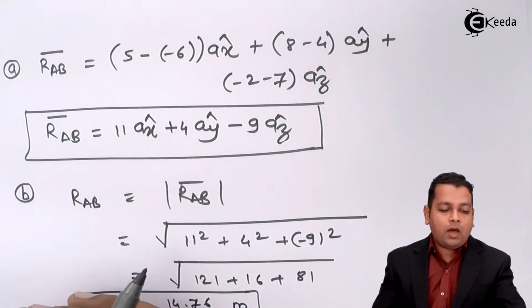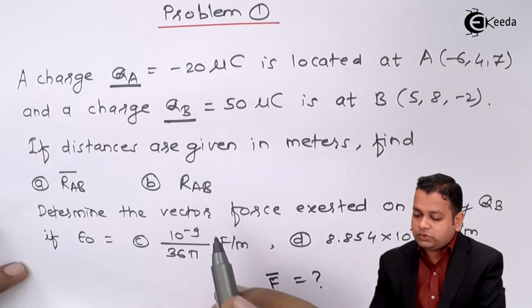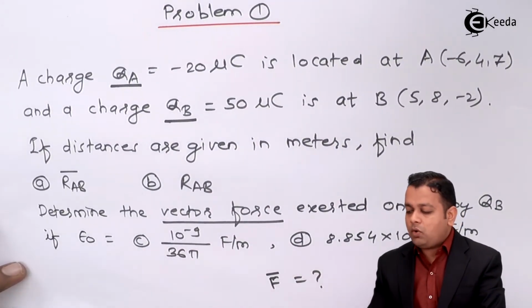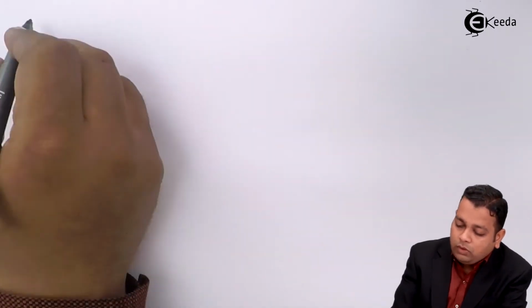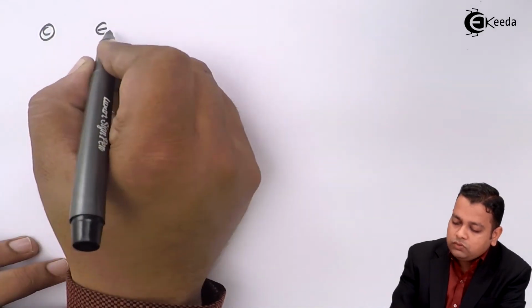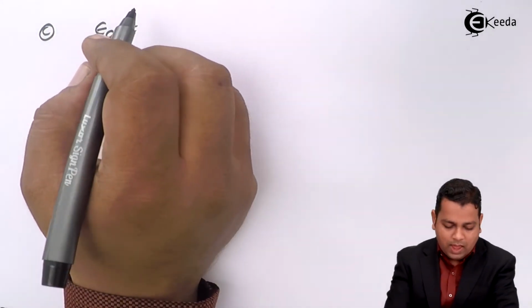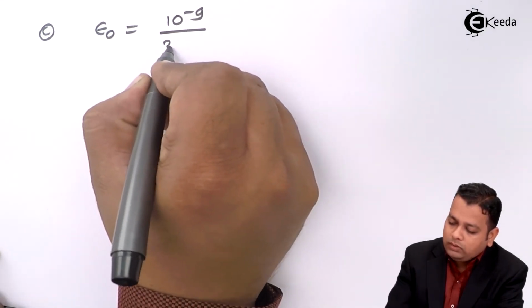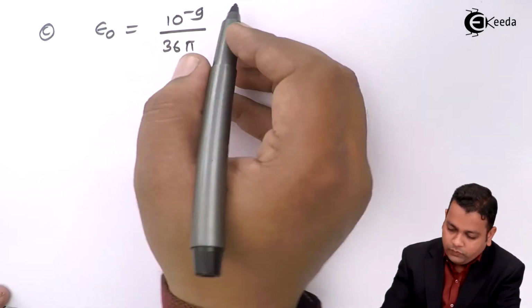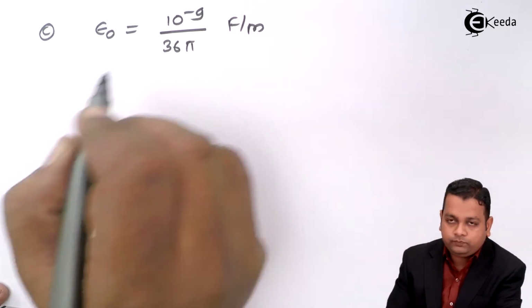Okay. So for part C and D, we have to determine a vector force exerted on QA by QB. Okay. So here for the portion C, we have to use the value of epsilon 0 as 10 raised to power minus 9 upon 36 pi in farads per meter.